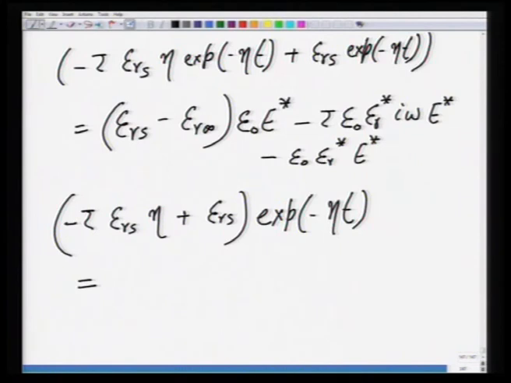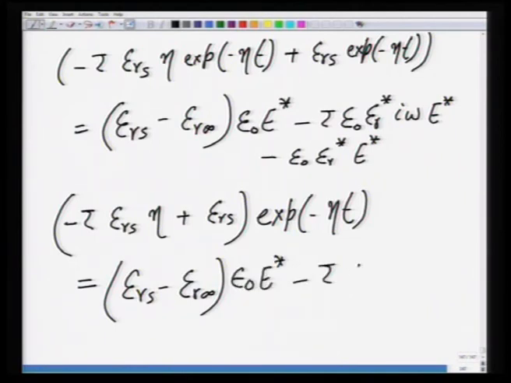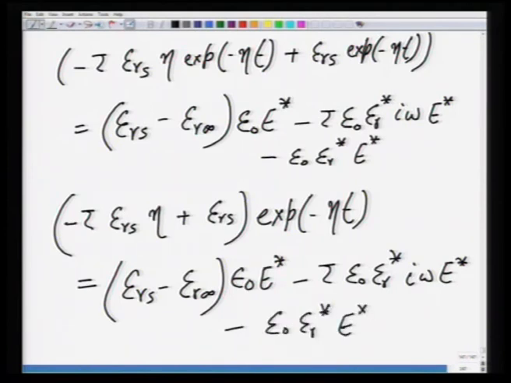So basically this part I will not take out anything, I will do that later. Epsilon naught E star minus tau epsilon naught epsilon_r star i omega E star minus of epsilon naught epsilon_r star E star. So, now we have to solve this equation, which we do in the next class, because there is not enough time left.